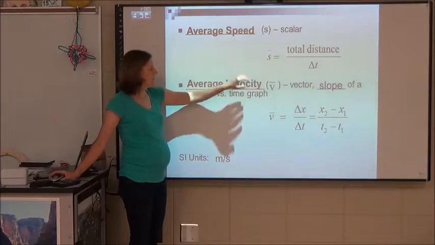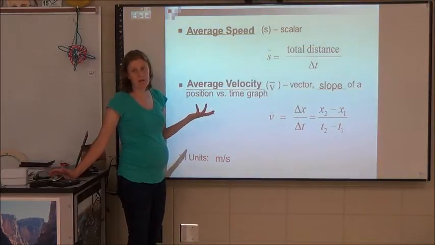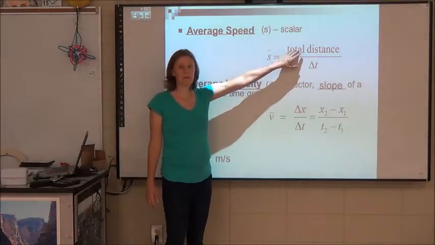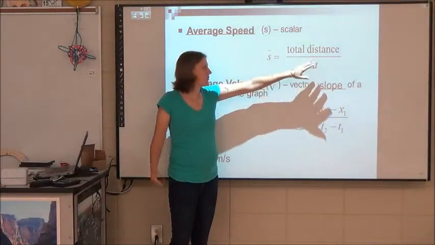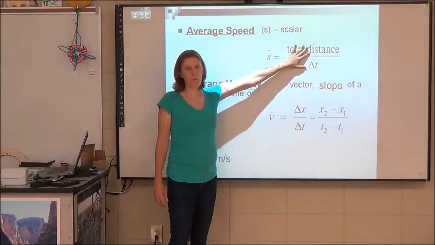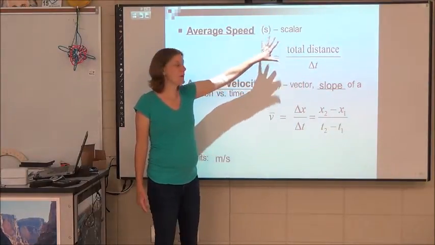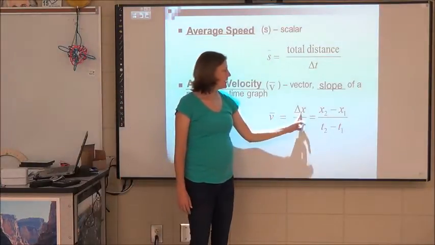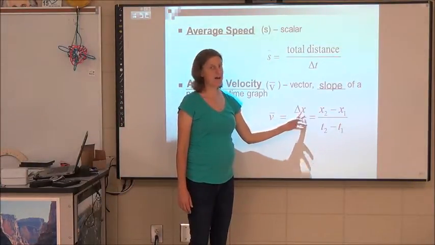What is his speed? What is his velocity? Are they not just the same thing? Well, total distance, 400 meters, divided by time of 100 seconds, would just be 4 meters per second. That would be the runner's speed. However, the velocity is not 4 meters per second.